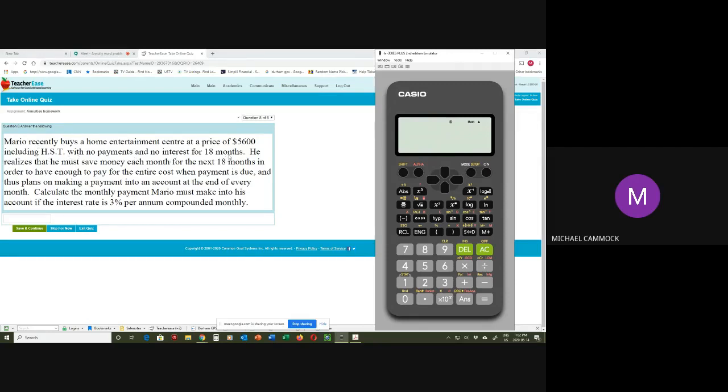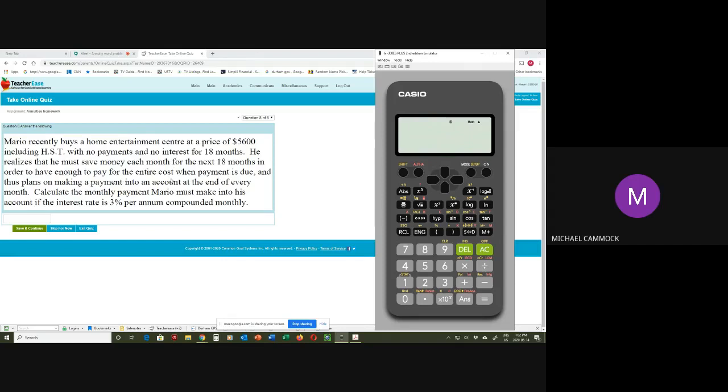So he's going to be able to take the stereo home and not pay anything at all. But he knows that in 18 months, he's going to have to pay this $5,600, right? So he's getting to take it home on credit. He's not paying anything now. But he realizes he must save money for the next 18 months in order to pay for this stereo.